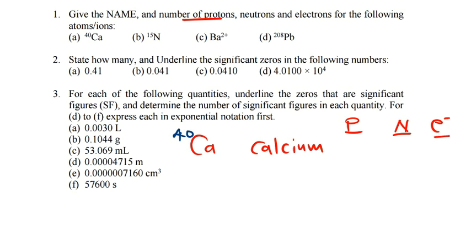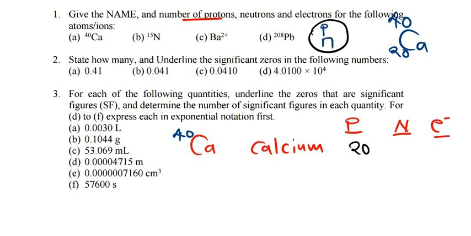Okay, so the number of protons in calcium, of course you can just look at the periodic table, you'll be able to see that. Okay, calcium on the periodic table, these are the details, 40, 20. So the number of protons, therefore, they are 20. Now number of neutrons, when you look at the nucleus consists of the protons and the neutrons.